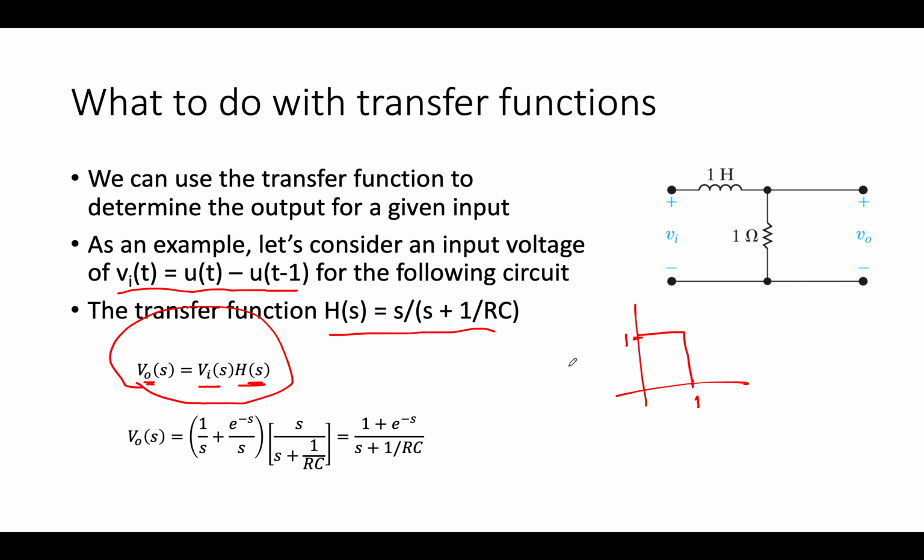The first thing we have to do is transform everything to the Laplace domain. In the Laplace domain, the transform of u of t is 1 over s. The transform of u of t minus 1 is e to the minus s over s. So when we take that input and multiply it by the transfer function, we get the following function.